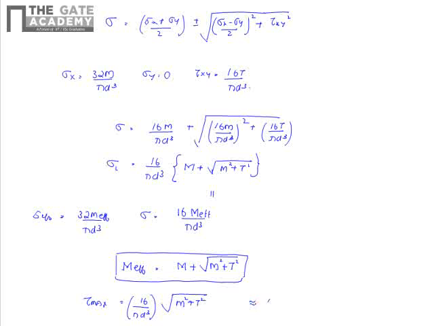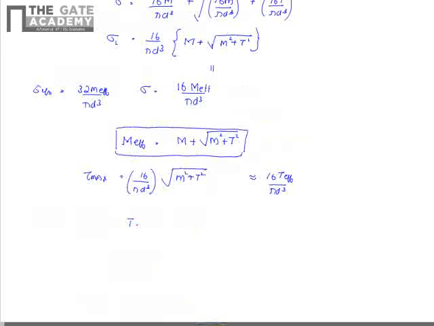This is equal to 16 T effective by pi d cube, or the effective torque is given as square root of M square plus T square. For combined loading, the effective bending moment is given by M plus square root of M square plus T square, and the effective torque is given as square root of M square plus T square.